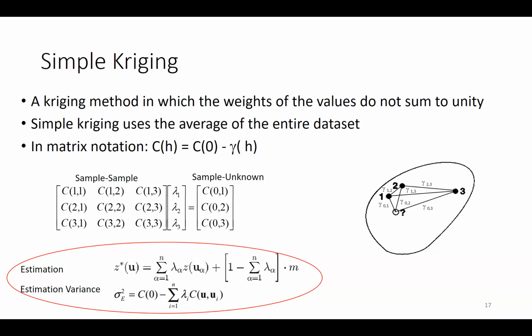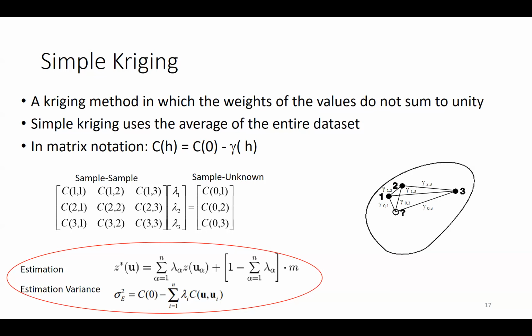So this part of the matrix is known, and we can calculate the lambdas, lambda 1, 2, and 3, which are the weights of this sample, the second one, and the third one.